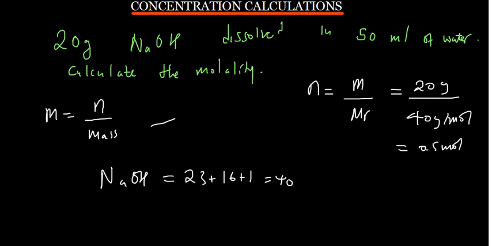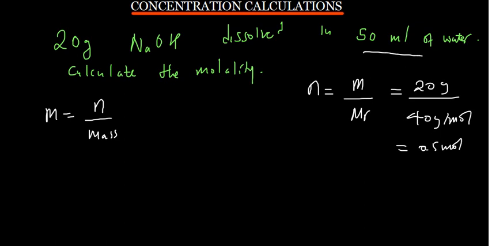The next thing we need to find is the mass of the solvent. What we've been given is the volume of the solvent, 50 mils. Firstly, I need to convert this. Let me say instead of 50 mils it's 500, so that it will be convenient. We have the volume as 500 mils.